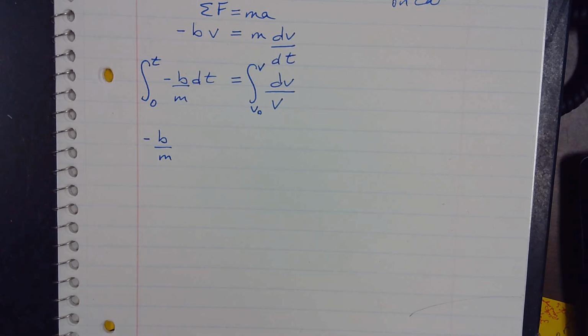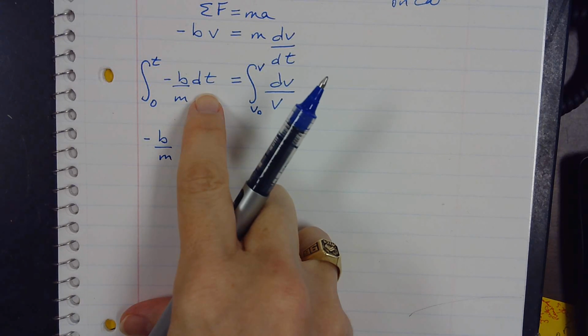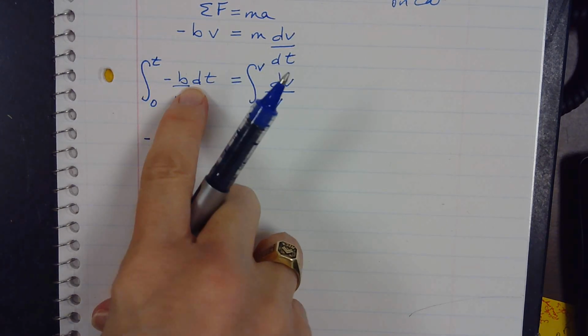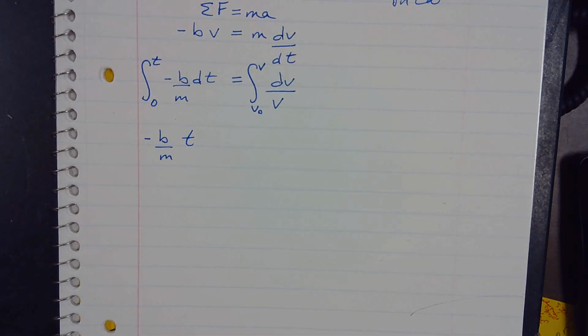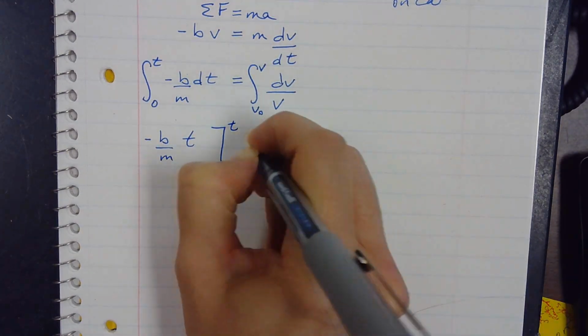It's the power up with the integrals, and with the derivative, it's power down. Another way you can say it is that the integration cancels out the derivative, and so we're just left with t. Okay? And then we need to evaluate that between 0 and T.